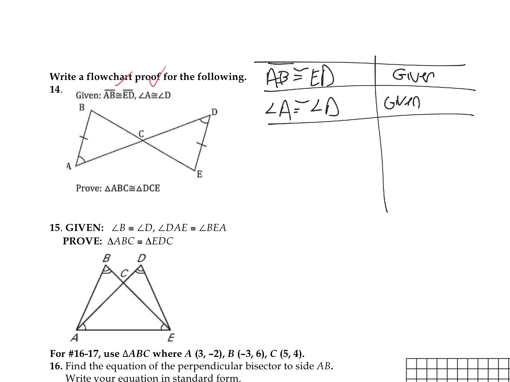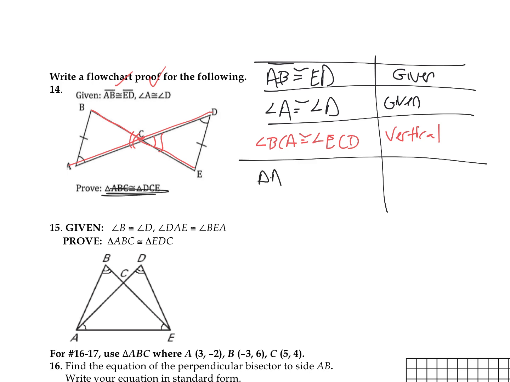They don't really give us anything more, but what we should recognize is that we have a pair of vertical angles. Angle BCA has to be congruent to angle ECD because they are vertical, which means these are congruent. And that's actually enough now for us to say that these 2 triangles are congruent. Triangle ABC is congruent to triangle DCE because we have the angle side correspondence here.